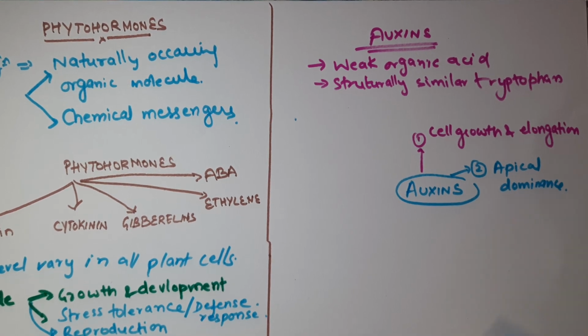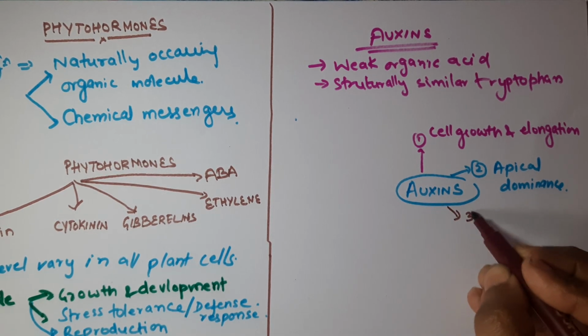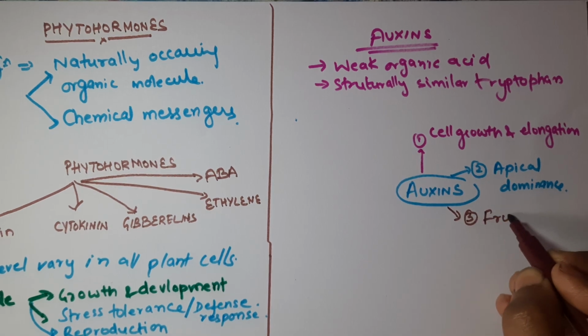So what does apical dominance mean? When the auxin is present in a higher concentration, it will suppress the growth of the lateral bud and it will promote the apical growth. Then auxin also plays a role in fruit development.